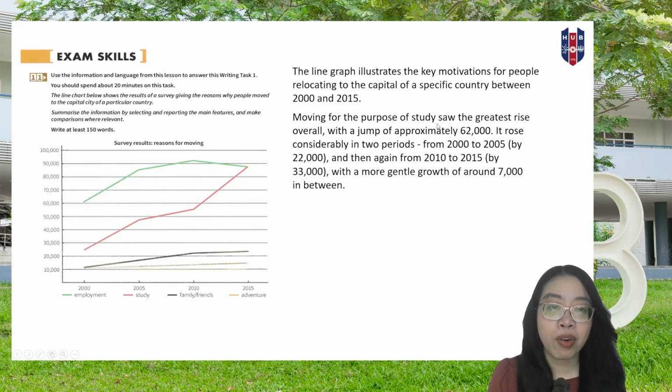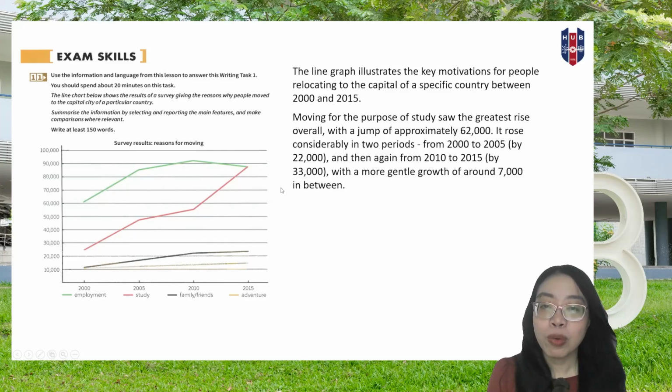They talk about it saw the greatest, the superlative here, and a noun, and it used the structure of saw, and it indicates the data here. The next sentence, it rose considerably, so it used the verb and the adverb here. And then it's a compound sentence, a very good one, with a more gentle growth. It's the noun phrase here.